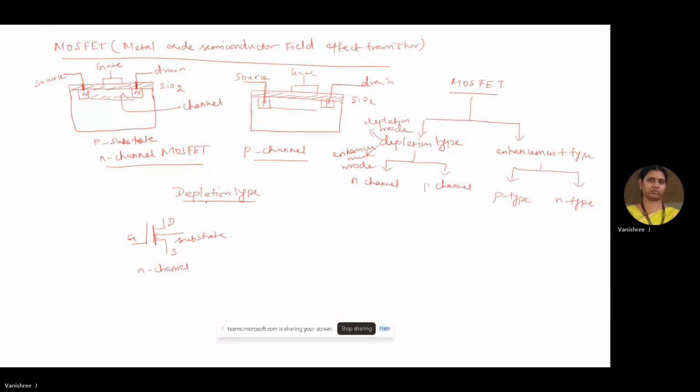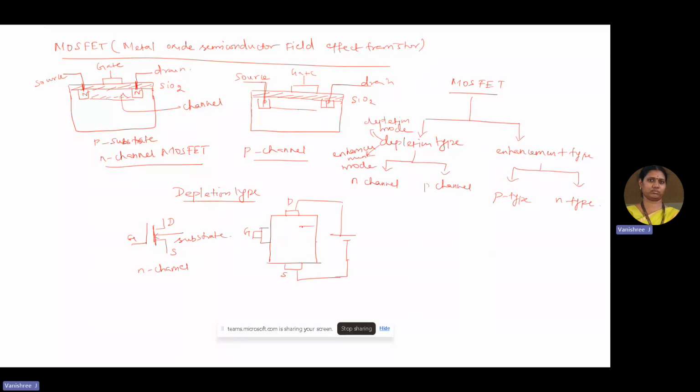Then, coming to the depletion type, let us take the MOSFET circuit. Let us take the explanation for the N-channel MOSFET. So here, we have the gate terminal, and we have the source terminal, the drain, and the drain source voltage.